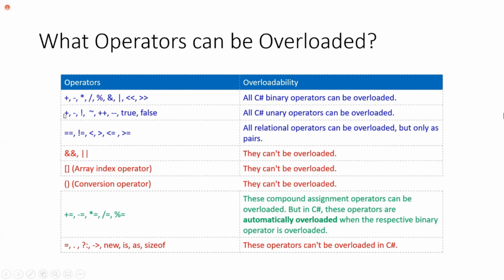And then you have these unary operators which have just one operand: plus, minus, exclamation, tilde mark, increment. So as you can see, you can overload these operators as well.